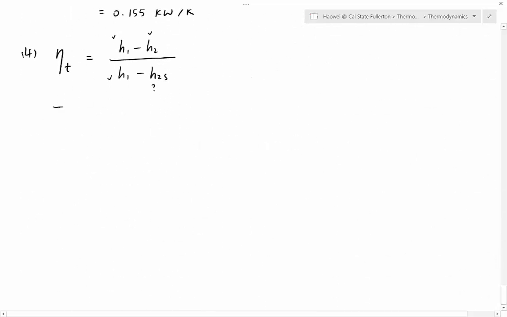So because it's superheated, we're going to use table A4. The two inputs. First one is the pressure. Pressure of point 2S is equal to P2, and that is 1 bar. The second input we have is S2S, and that is equal to S1, which is 7.5308 kilojoule per kilogram per Kelvin.